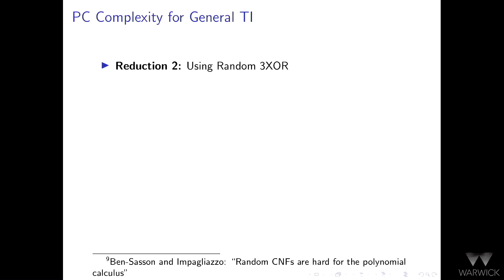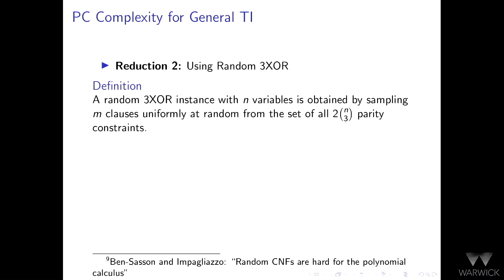And so to solve this problem, we present a second reduction using the random XOR problem that I think Bruno talked about earlier today. A random XOR instance with n variables and m clauses is obtained by choosing uniformly at random m clauses from the set of all possible parity constraints.